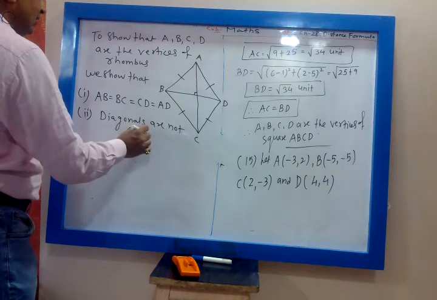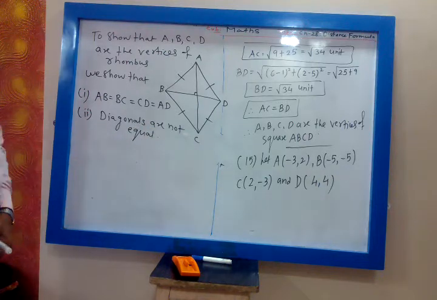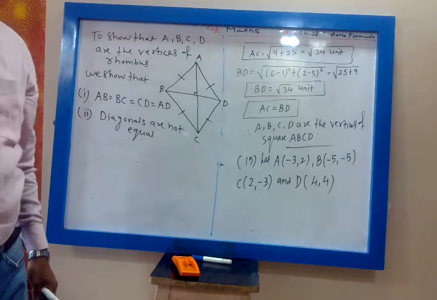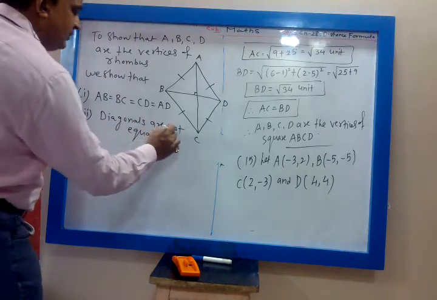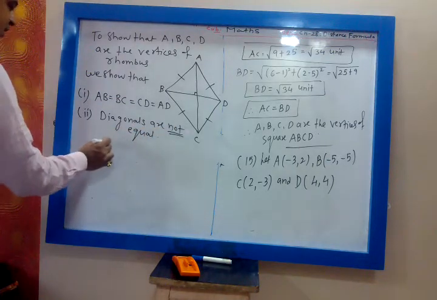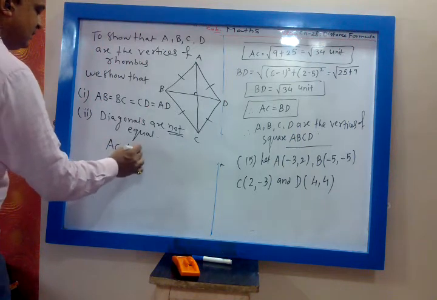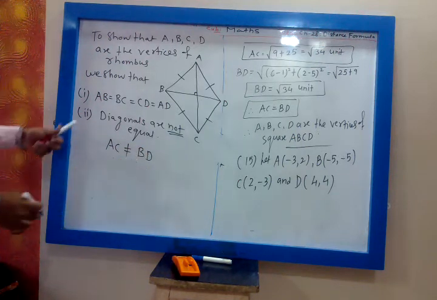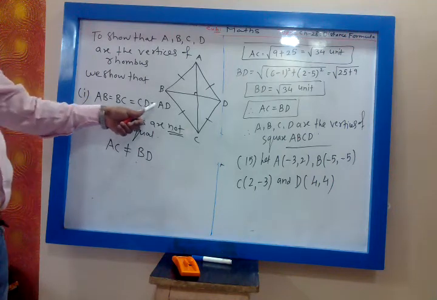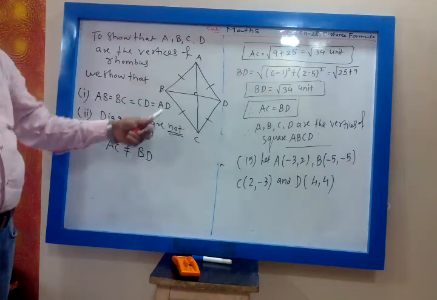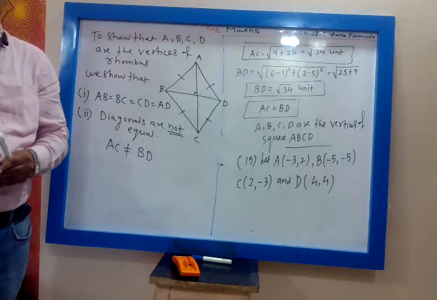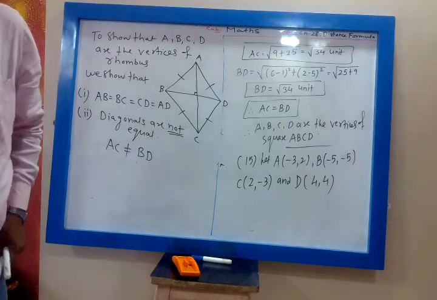Because if diagonals are equal, then it will become a square. Means we show that AC is not equal to BD. So by using distance formula, you find AB, BC, CD, AD, show that they are equal. You find diagonal AC, you find diagonal BD, and show that diagonals are also not equal. Diagonals are not equal for rhombus.